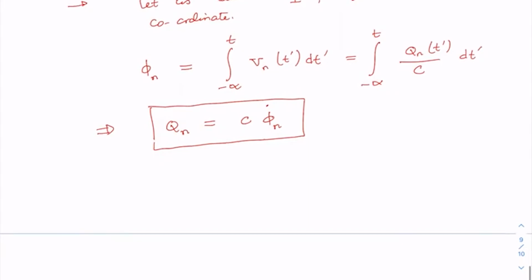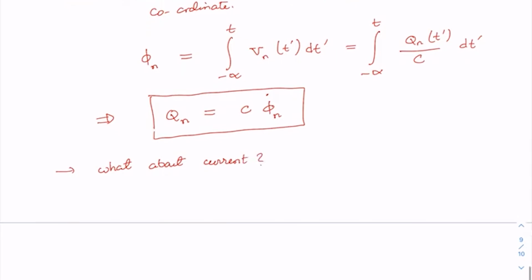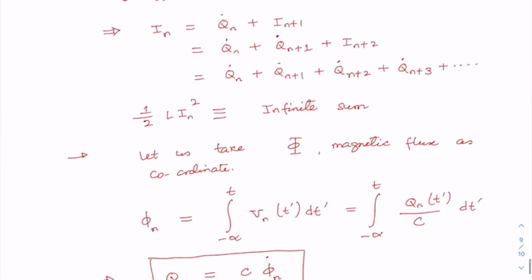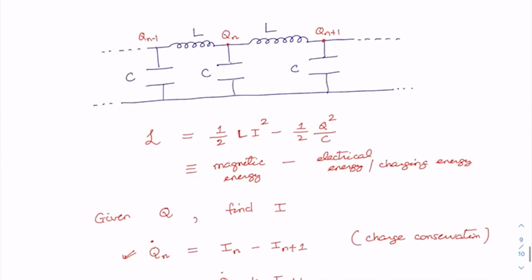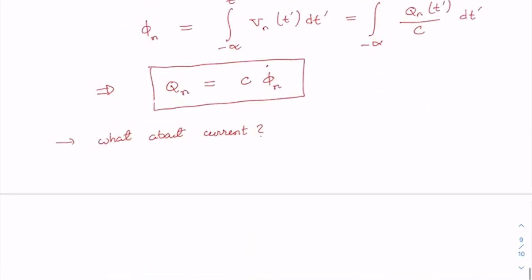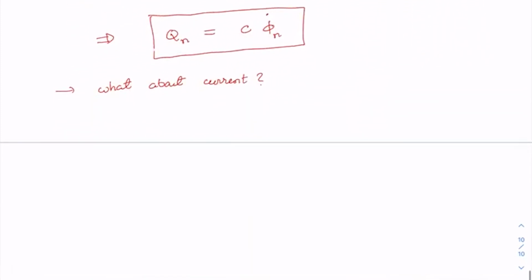Now what about the current? Because that is where we ran into trouble when we took charge as our coordinate. Now let us consider fluxes at node n, at this node, as well as the n minus 1th node, and take their difference and then take the time derivative.